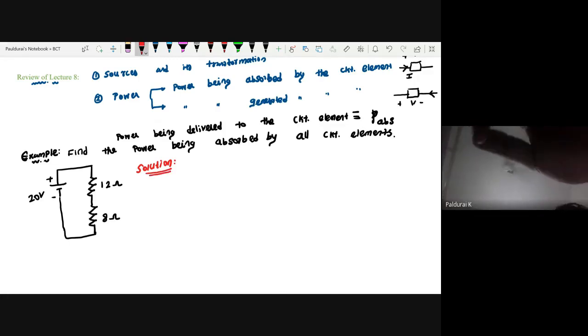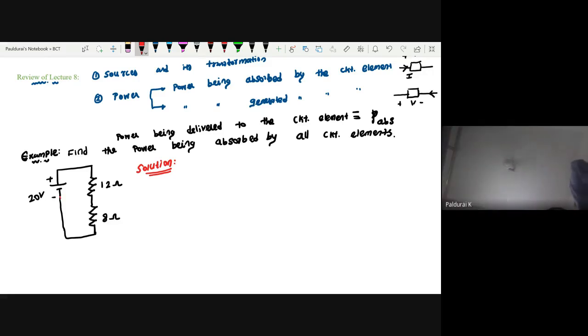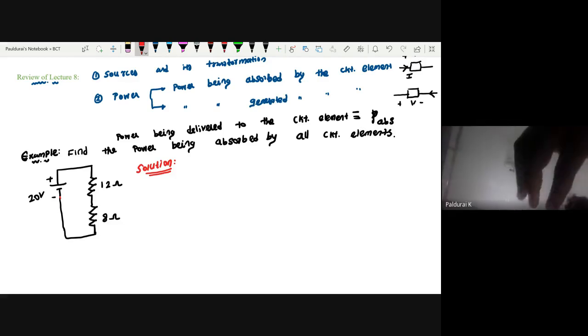How many circuit elements are there in the given example? Anyone? Three, sir. Three. Okay. So you want to calculate the absorbed power for all the circuit elements, right?